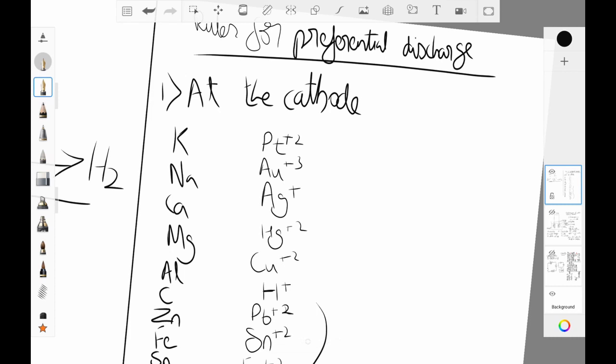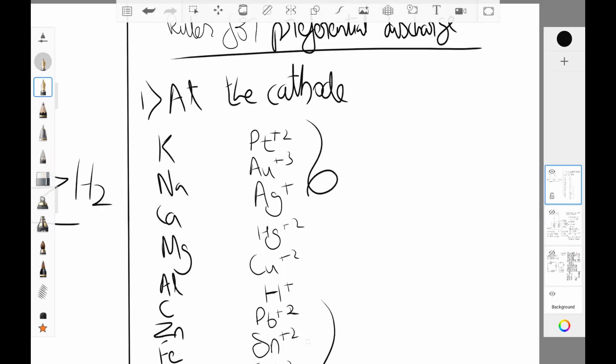And obviously by proxy, any of these ions that are above the hydrogen ion are more reactive than it, which means that they have a stronger drive to gain electrons. If you see any of these ions, then they'll discharge over hydrogen.